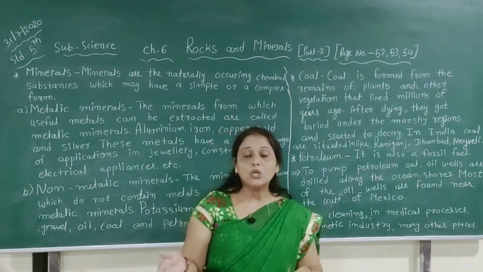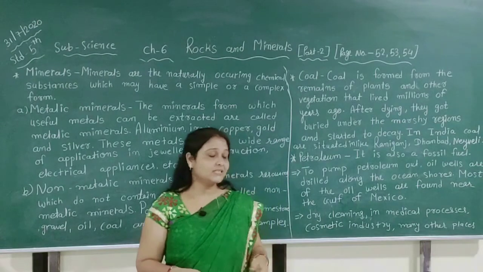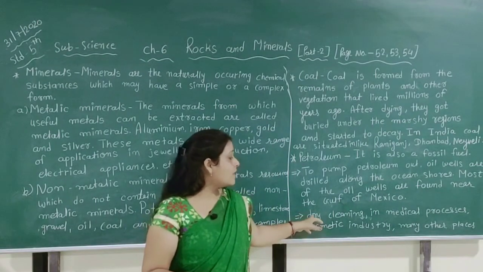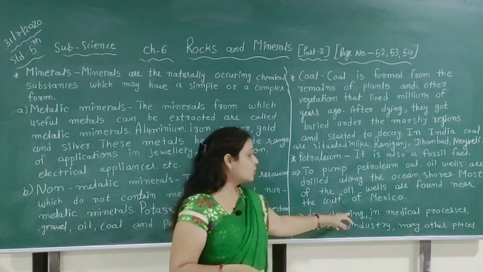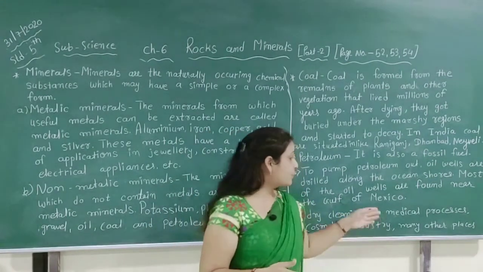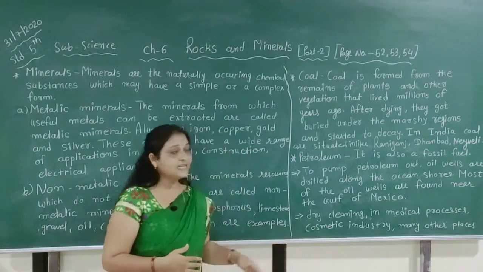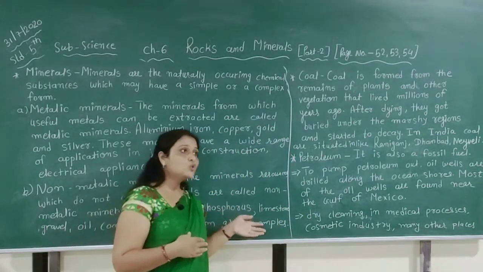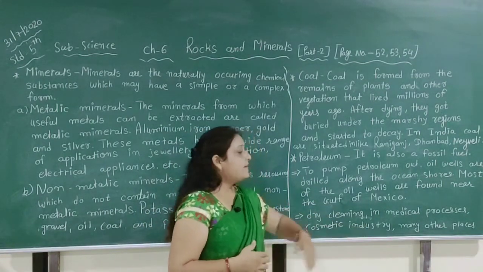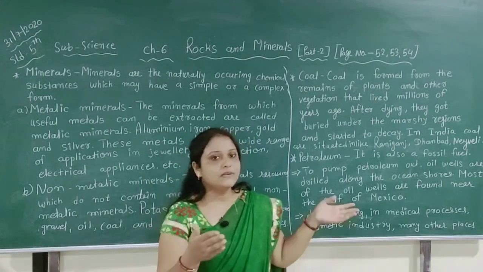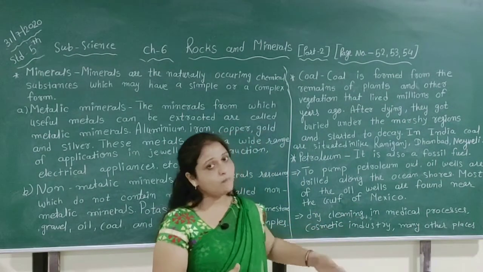People want to dry clean their clothes for different occasions, and petrol is used for dry cleaning clothes. Then in medical processes petroleum is also used. Then the cosmetic industries also use different types of petroleum. Then it is also used in many other places.